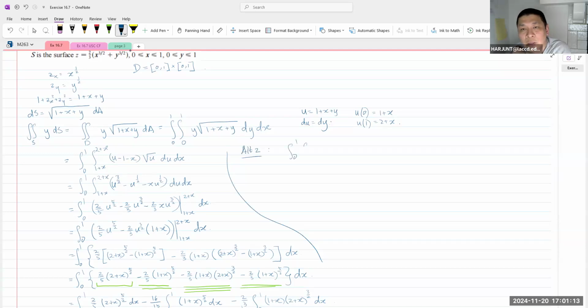Integral from 0 to 1, integral from 0 to 1 of y square root of 1 plus x plus y dx dy. That's what I did earlier. So if that's my u, 1 plus x plus y, then my du becomes dx.